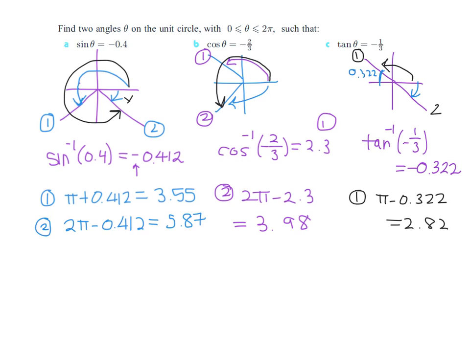For the second angle, we now need to find all the way around up until here. So that's going to be 2 pi minus this angle of 0.322. So we get a value of 5.96.